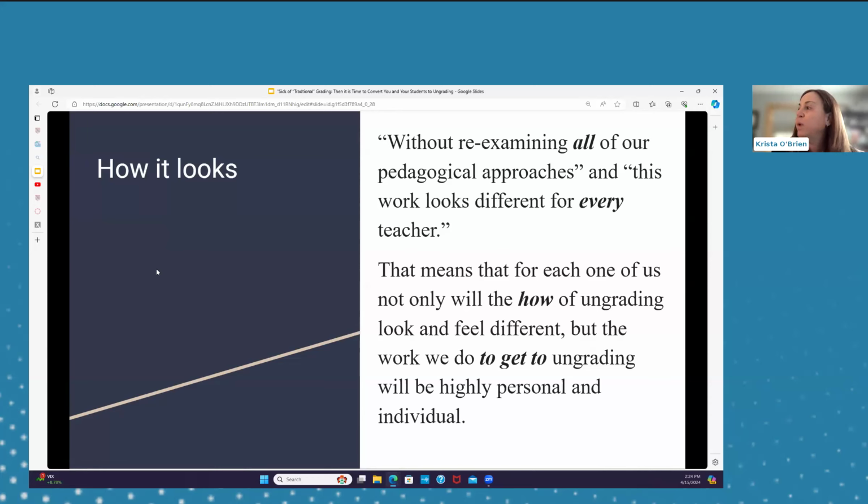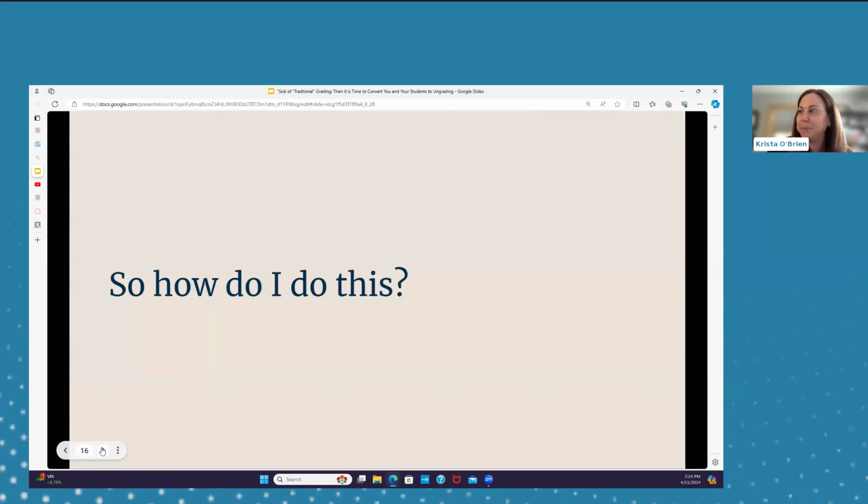That means that for each one of us, not only will the how of ungrading look and feel different, but the work we do to get to ungrading will be highly personal and individual, because you have to look at each individual student. You have to look at the individual needs of your students. And that does take some time.